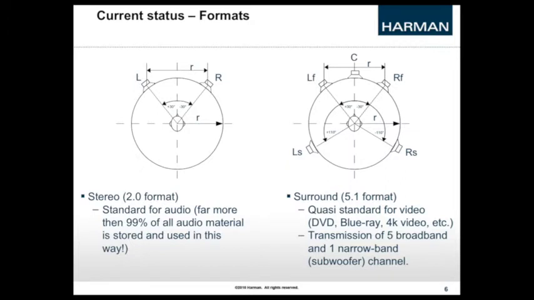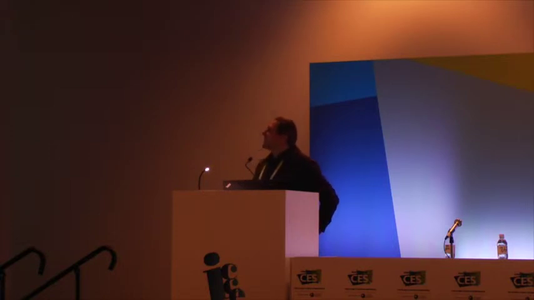And the ITU standard says you have to follow this speaker setup to cover exactly what is recorded on your source material. So if you have speakers left and right at an angle of plus minus 30 degrees, and the speakers have a distance that equals exactly the radius, this means the distance to the place where your head is, then you're following the standard.